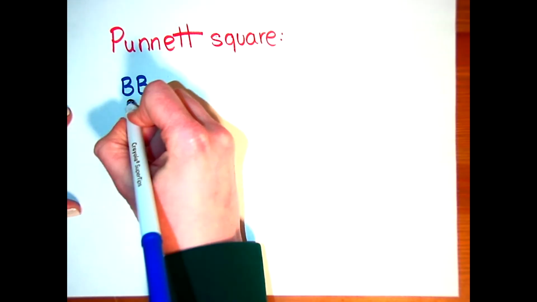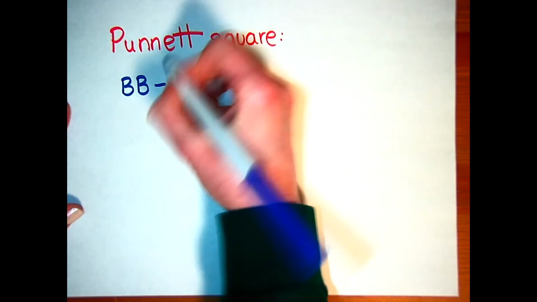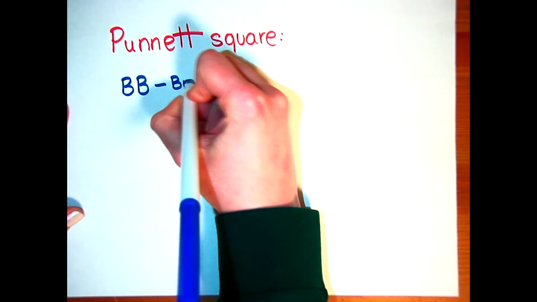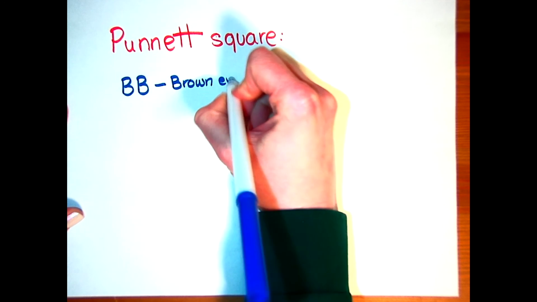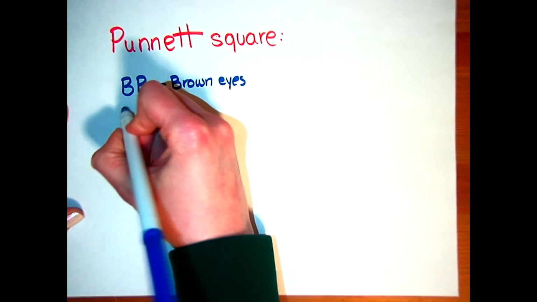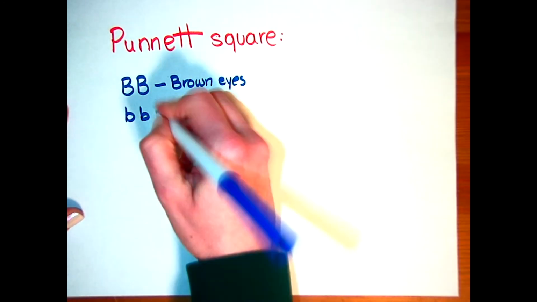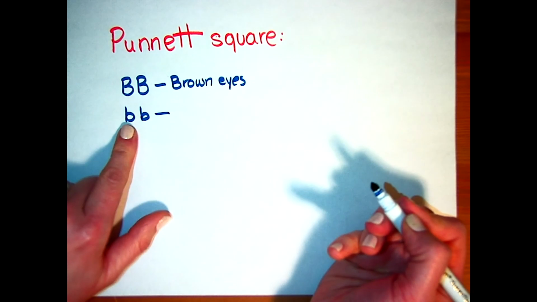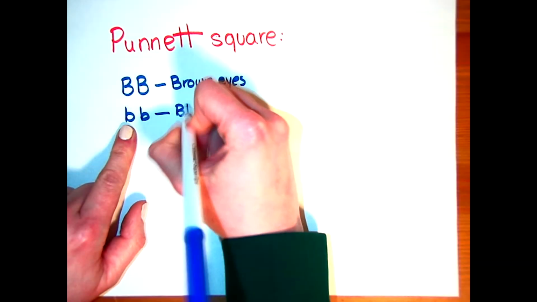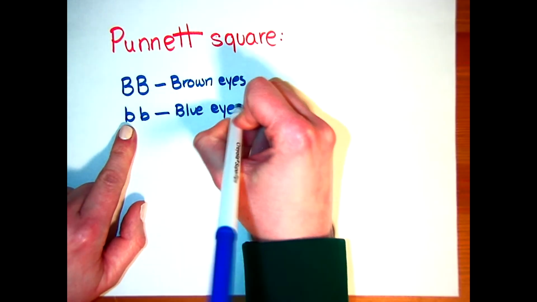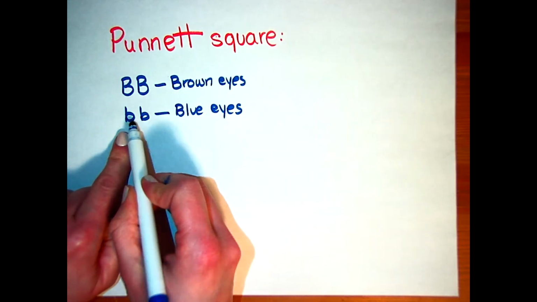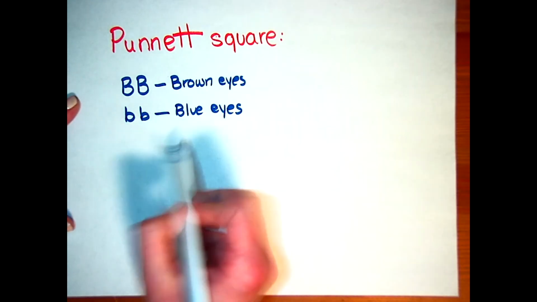Their phenotype is going to be brown eyes. They are going to mate with a blue-eyed parent. So this person is homozygous recessive. And we want to know, what could their baby's eyes be? Could they have a blue-eyed baby?